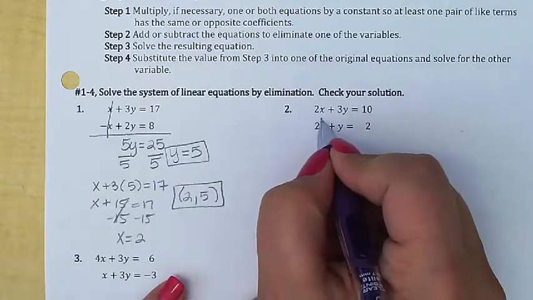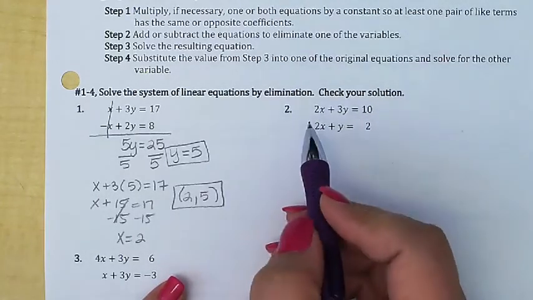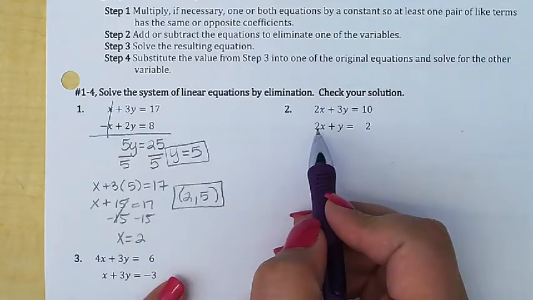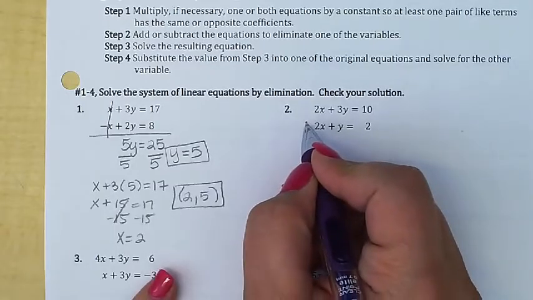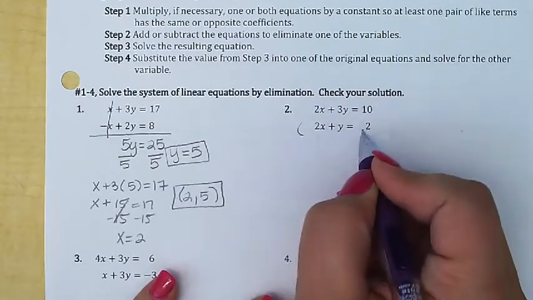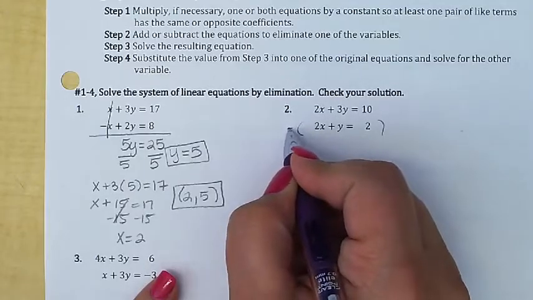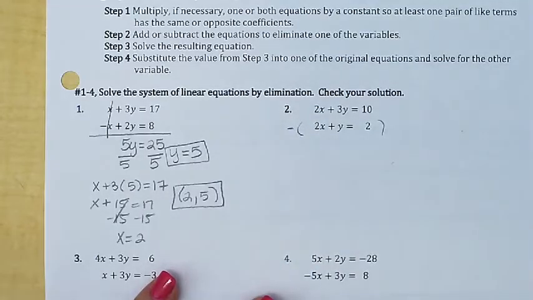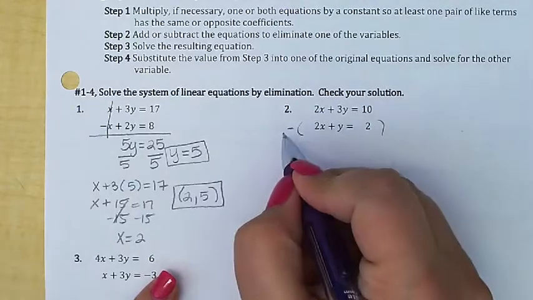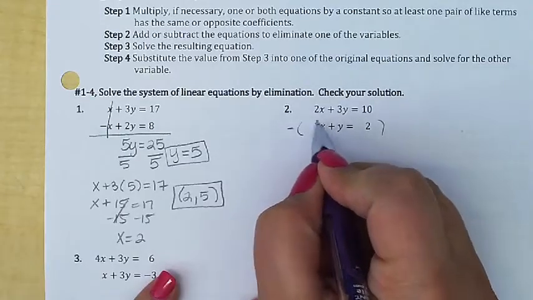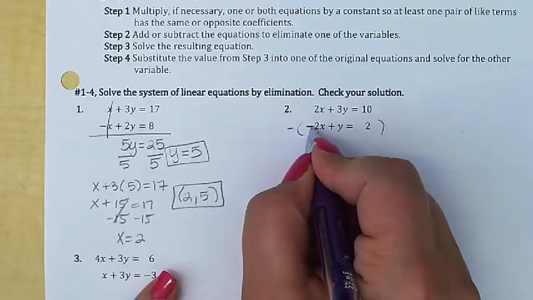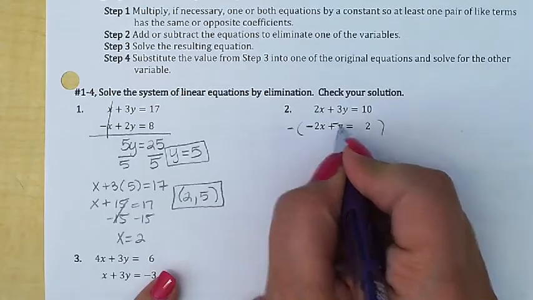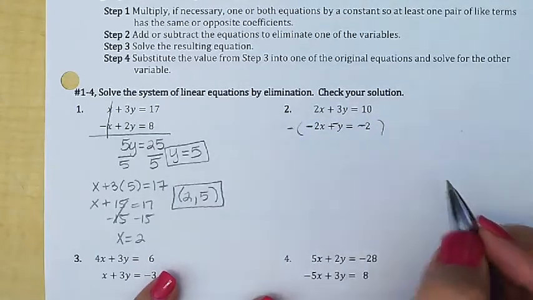But it's pretty easy to get those. So, like for example, right here, I think the x's are a really good candidate. I already have the same number. All I need is the opposite sign, right? So I can take one of these and multiply the whole thing through by a negative and change all those signs, right? So as needed, if I went in and said, okay, I'm going to multiply both sides by a -1, that changes this sign, that changes this sign, that changes that sign, right?